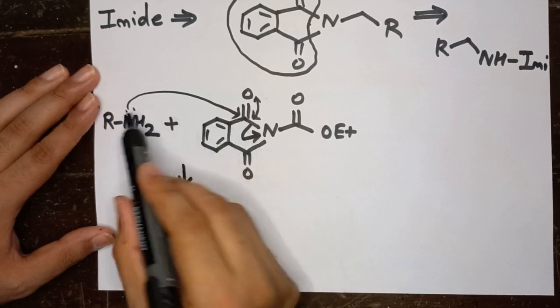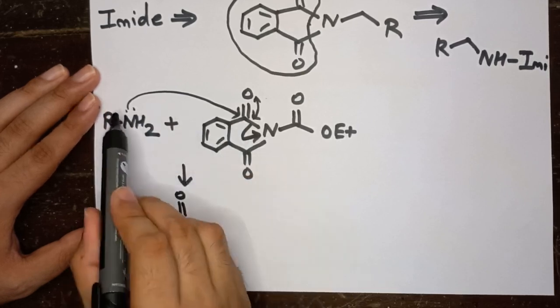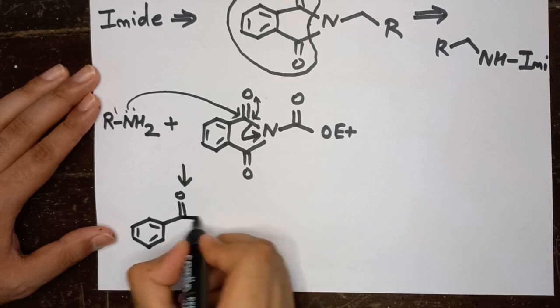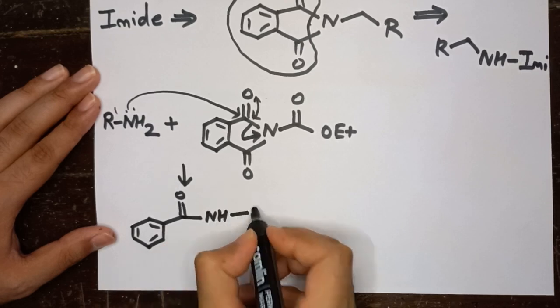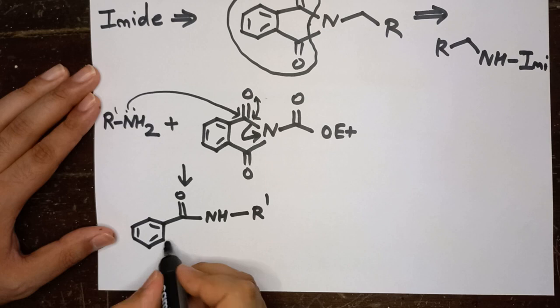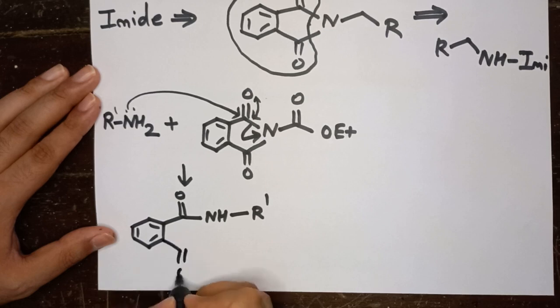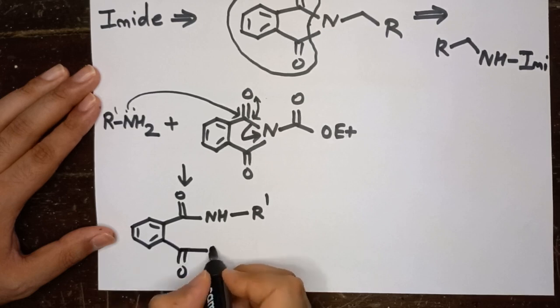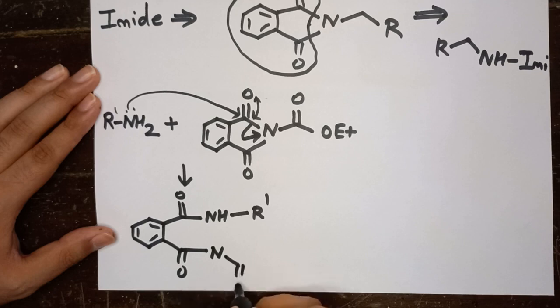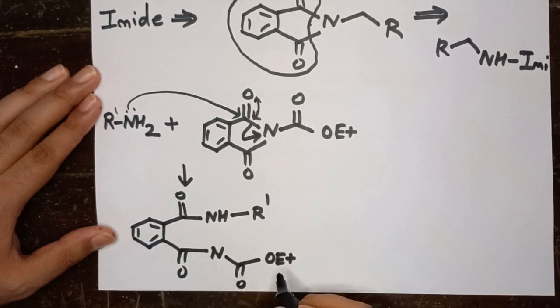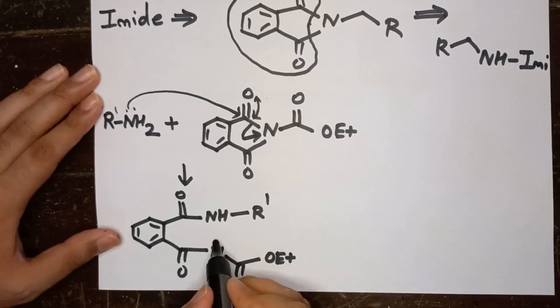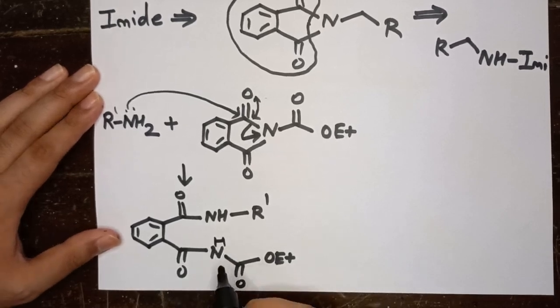Now this carbonyl is attached to this group. Let me write this as R dash. So we have NH R dash, and here we have a carbonyl group, N and a carbonyl group and an OEt. This will also get a proton.